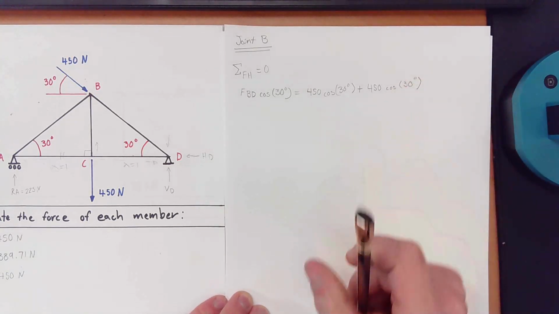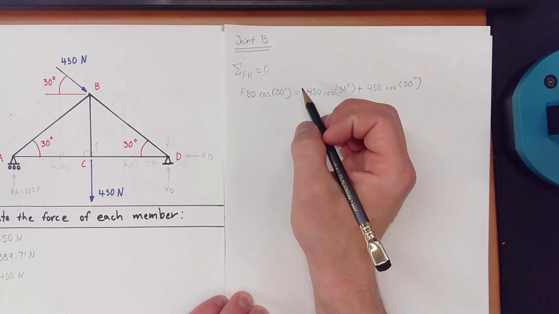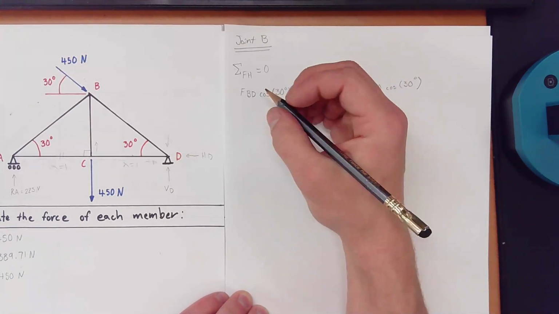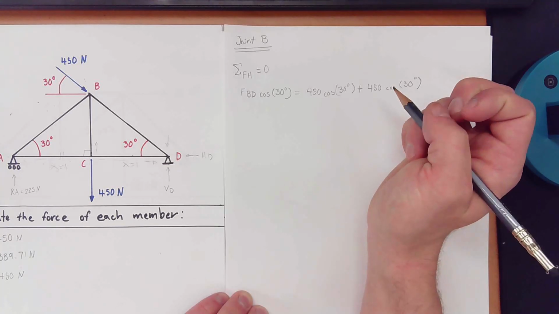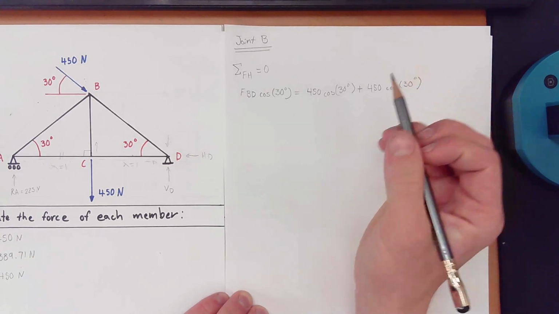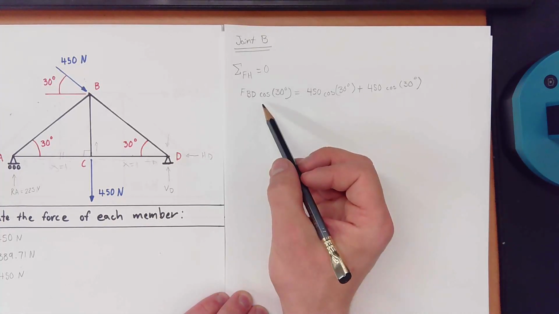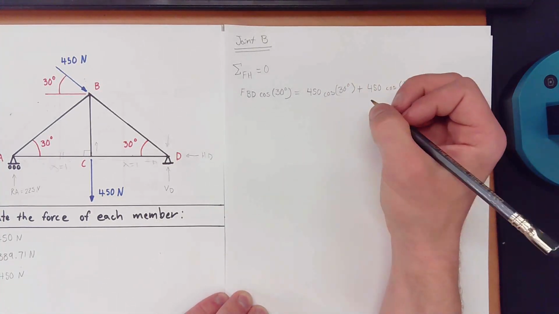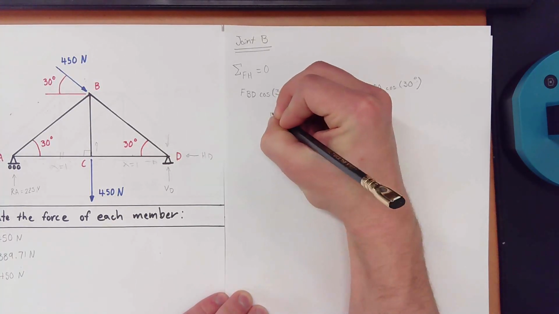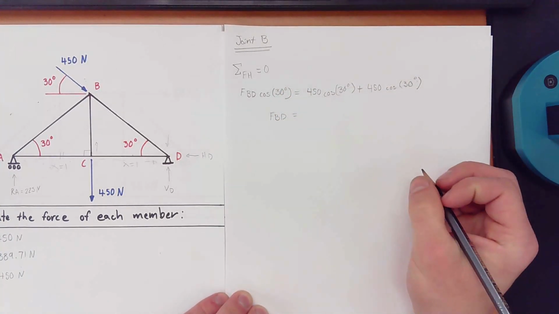Okay, a little bit more complex, that one. But if we're breaking it down, we need to find FBD, and all of this stuff kind of cancels out. If we get rid of cosine 30 degrees here, because we can divide on this side, get rid of it here, and here, that means that FBD is equal to what's left?